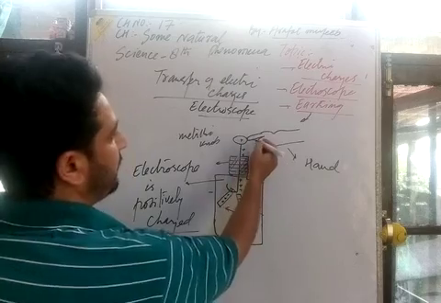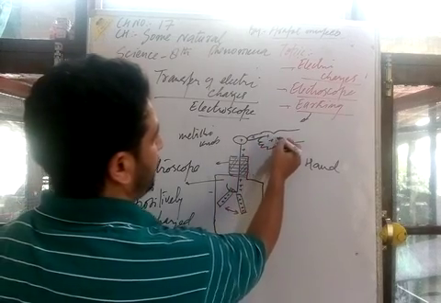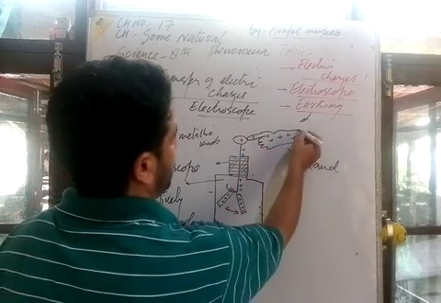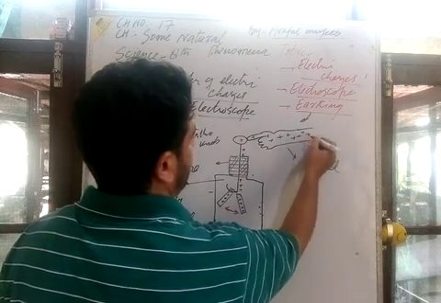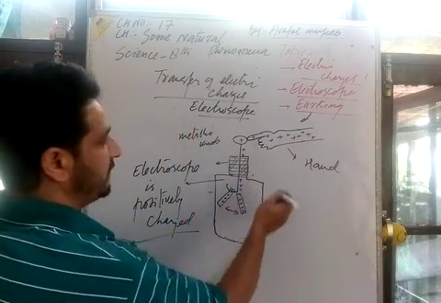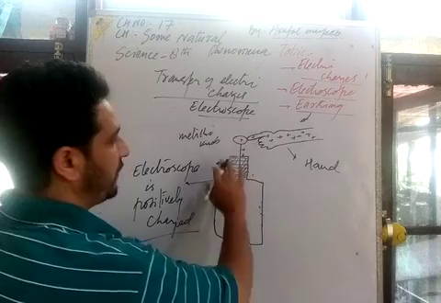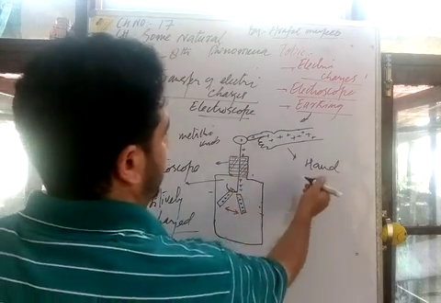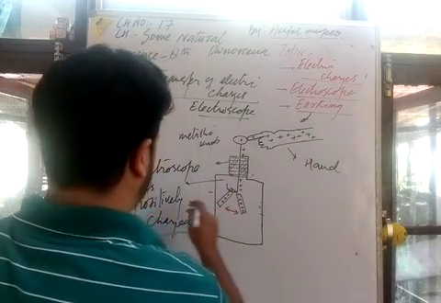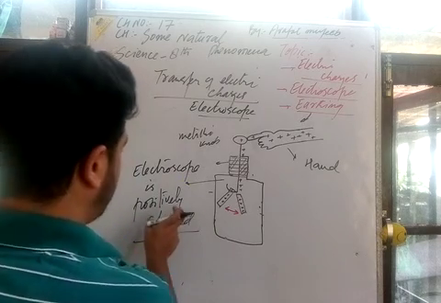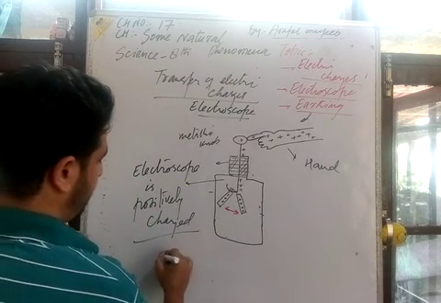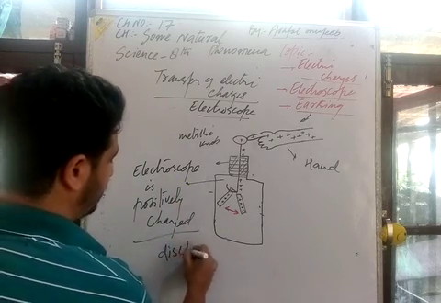All the charges begin to flow into your body. All the charges will flow into your arm. That means all the charges will be lost in your hand, and the electroscope, which was positively charged before, now becomes discharged.